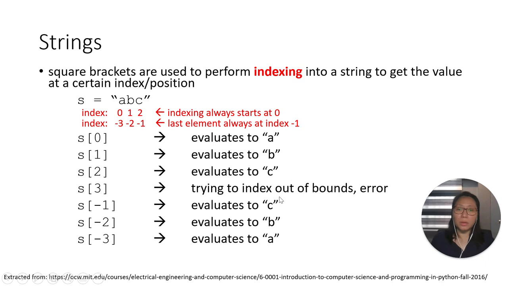So this will evaluate to an error because we're trying to index a value which is out of the bound of the string sequence. Then s index -1 is the last character of the string, so it evaluates to C. S index -2 is the second to last, it evaluates to B. And s index -3 evaluates to A. This is what we call indexing.